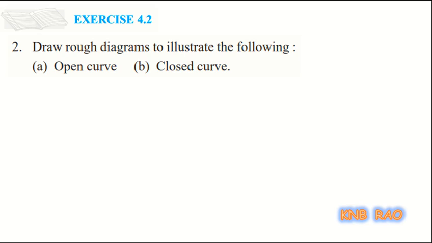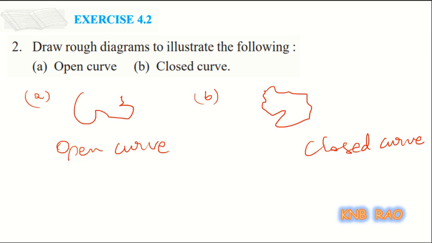Then we discussed question number 2, in which we are asked to draw rough diagrams to illustrate open curve and closed curve. I drew these. You can draw any shape to illustrate open curve as well as closed curve.